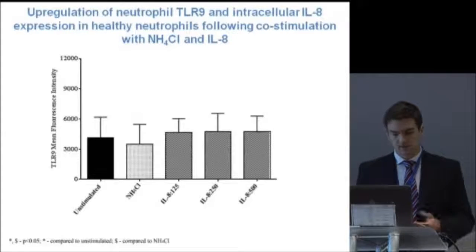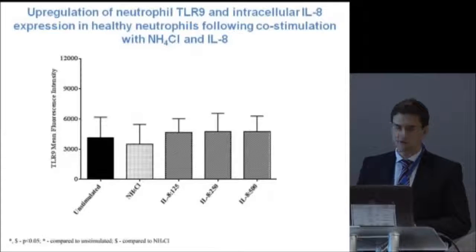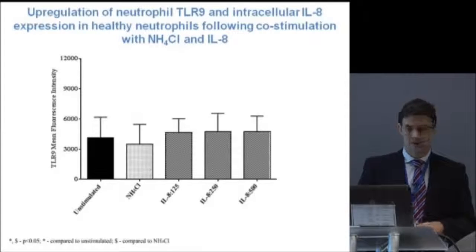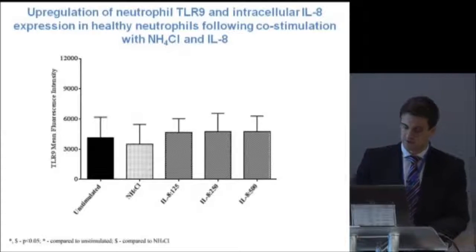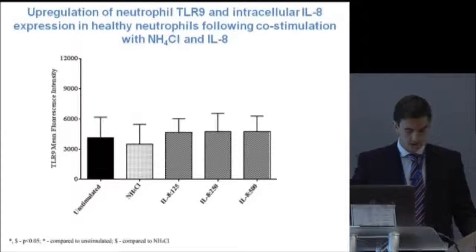And what we saw was that there was no significant difference in TLR9 expression when stimulated with either ammonium or the different concentrations of interleukin 8. However, when we synergistically stimulated these neutrophils with ammonia and interleukin 8, we saw significant increases in toll-like receptor 9 expression. And this was actually most marked at the lower concentrations of interleukin 8.